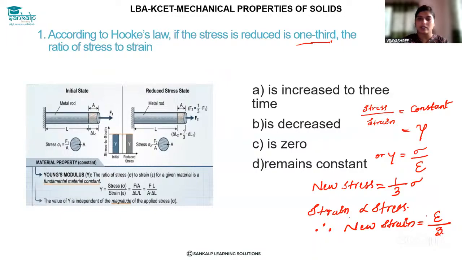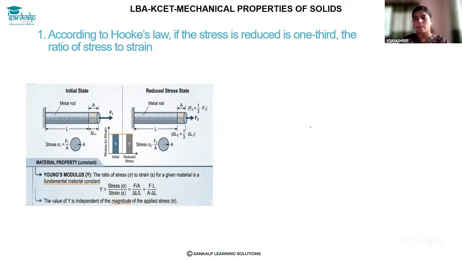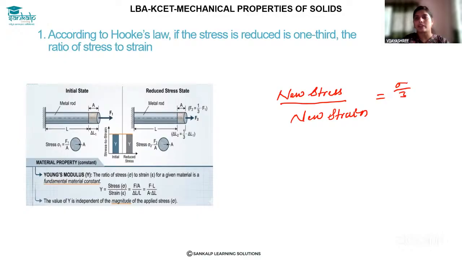Now I will go to the next slide. Let us find the new ratio. New stress divided by new strain is equal to sigma by 3 divided by epsilon by 3. Cancel 1 by 3, 1 by 3.